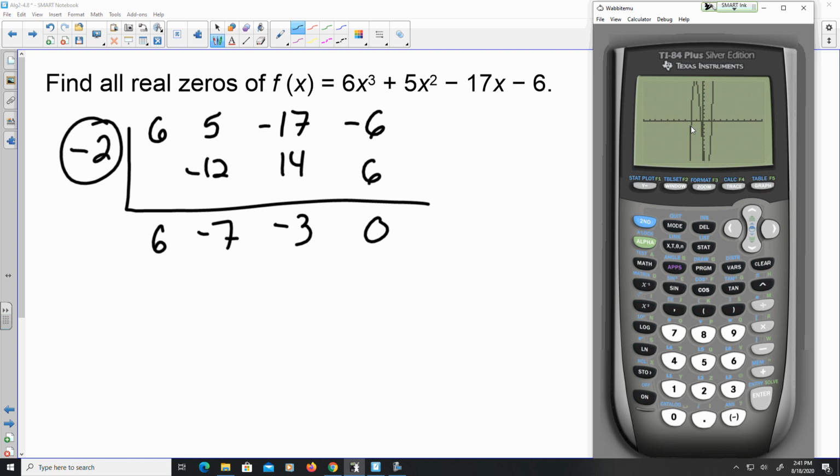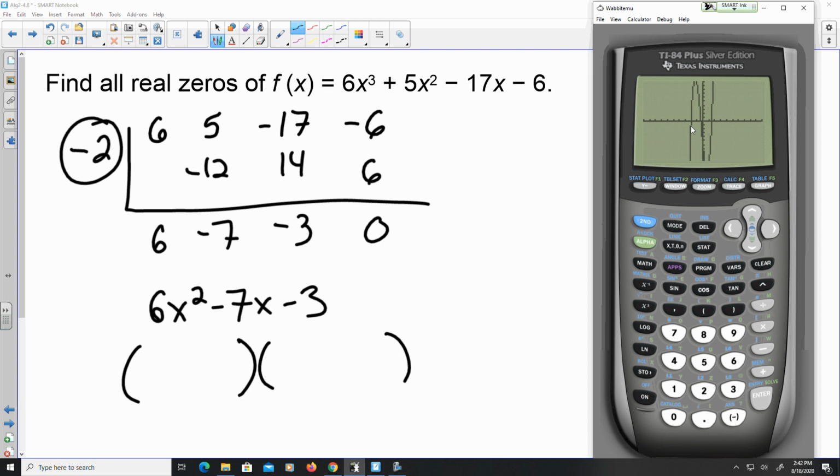Now from here, it looks like I could write this as the function of 6x squared minus 7x minus 3. Now, right off the bat, I do not know if these particular values are going to be factorable, but let's give it a try.